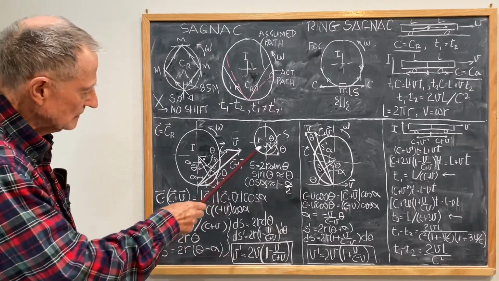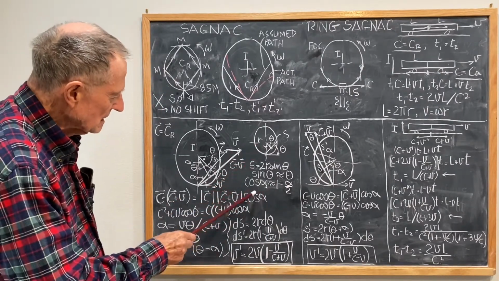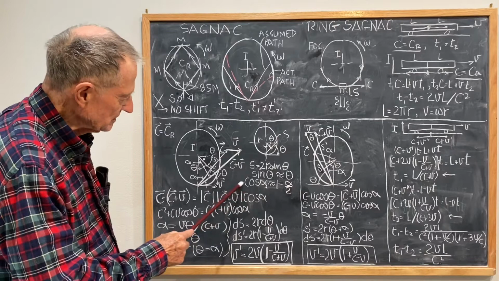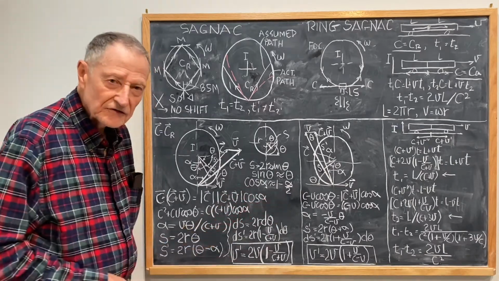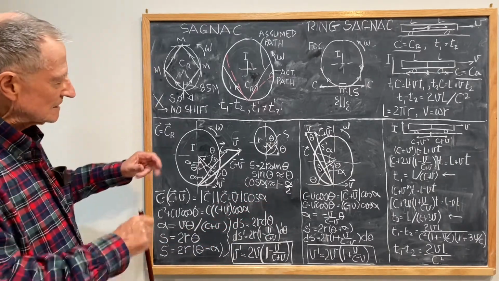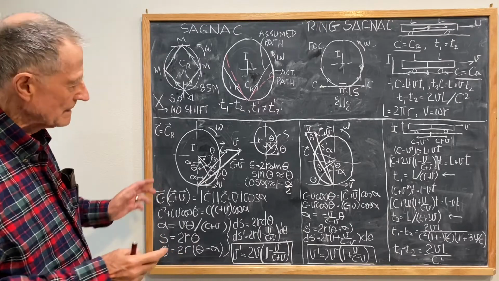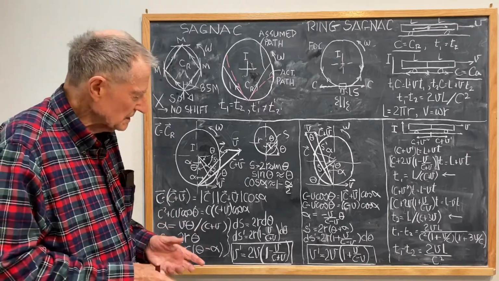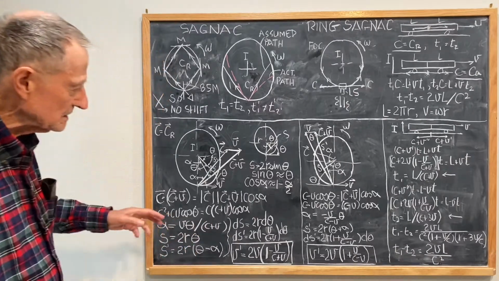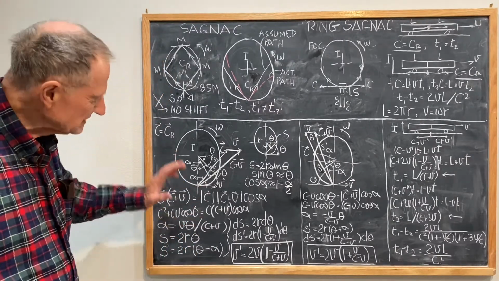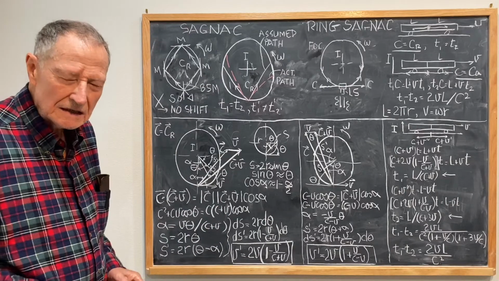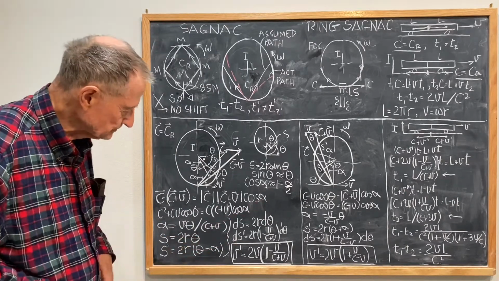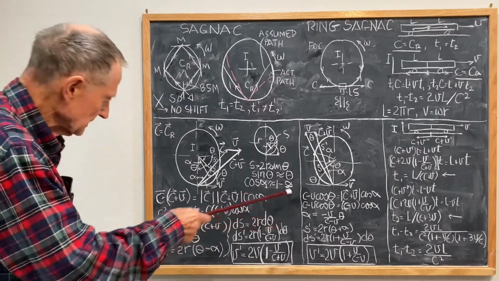And of course, alpha then is going to be very small. And cosine, I approximate cosine alpha with 1 minus alpha over 2. That's the entire setup and the whole outline of what's going on. The rest is just some careful geometry and vector calculus.